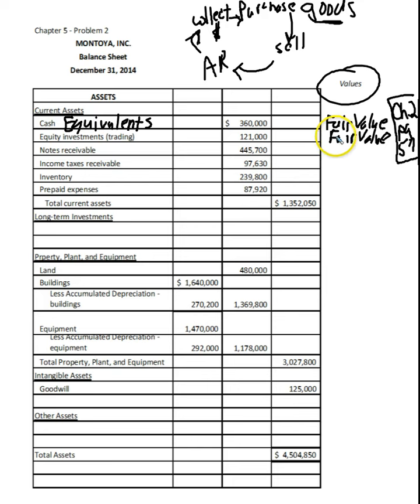Not that the car gets reported at fair value, but if we wanted to know the fair value, we could go to the blue book, a publication, and see roughly what it might be worth. So fair value is when there are similar assets and we know the value of a similar asset, we can use that to report it on the balance sheet.